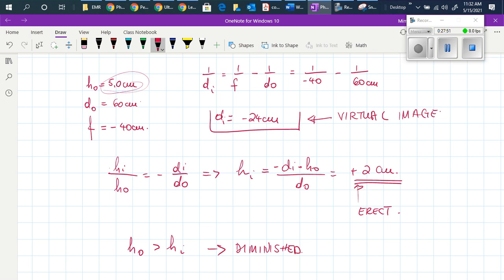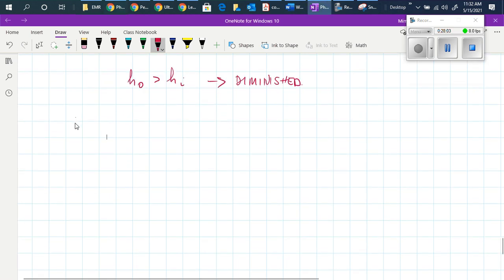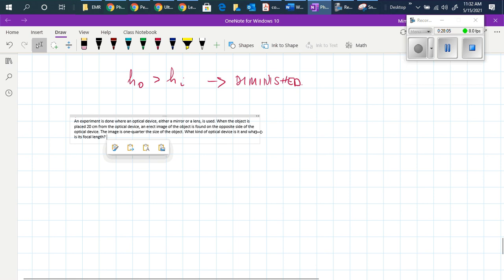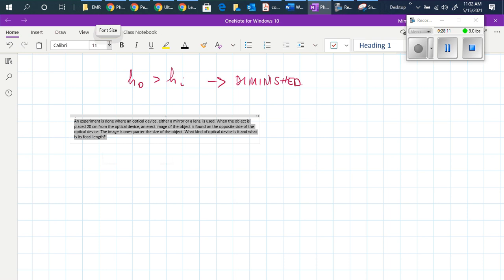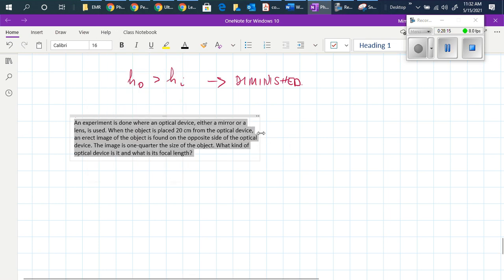I hope that this makes sense. Let's bring in another question. So in an experiment, what we have is optical devices.